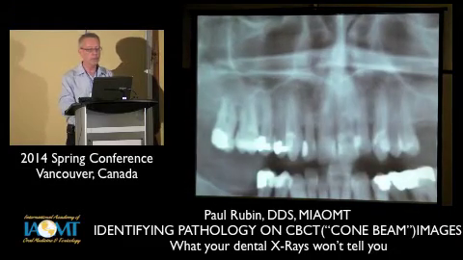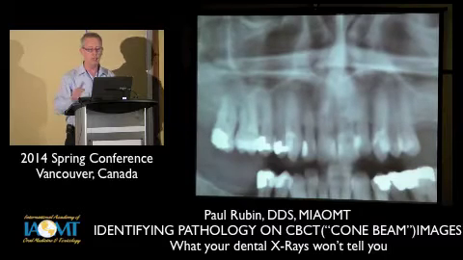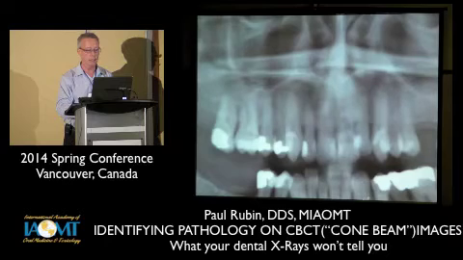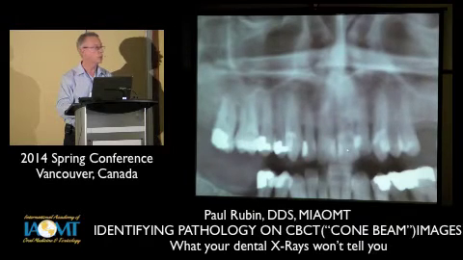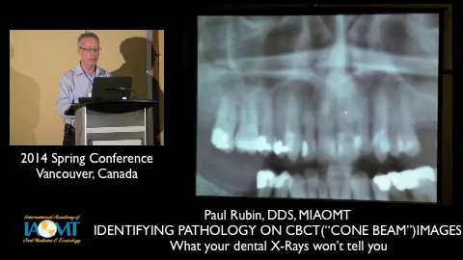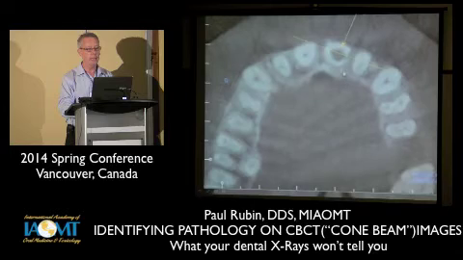Here's a view, if you look closely at number 8, this looked like there was probably some kind of resorption going on at the root of number 9, or the U.S. number 9. In Canada, what do you call this? Okay. So some radiolucencies there. When we look at it on the axial view, now it becomes real evident.